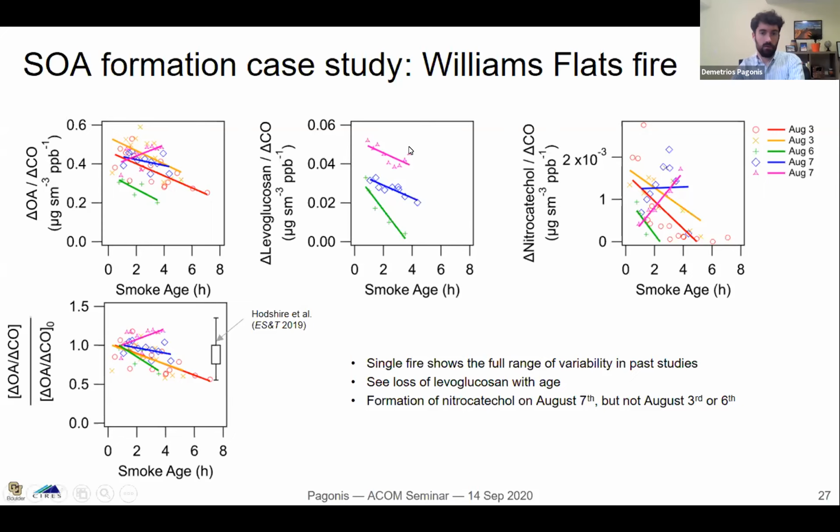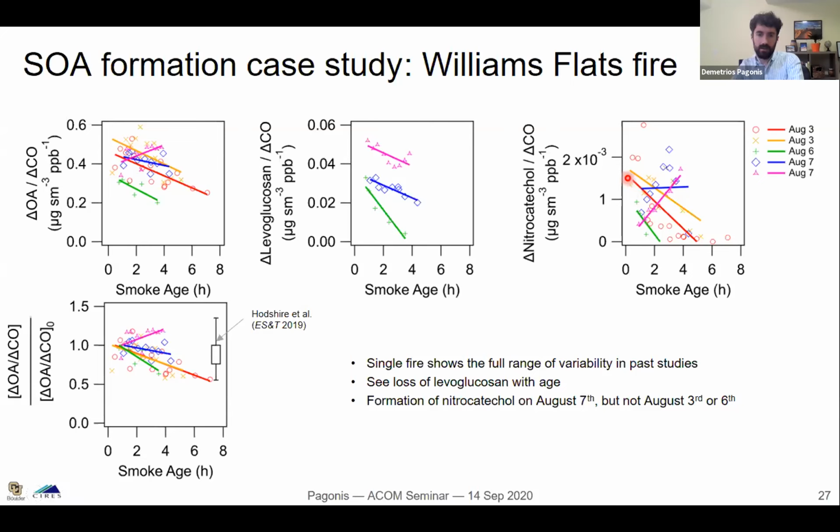In the EESI data for levoglucosan, we see consistent levoglucosan loss in each of these transects. I'll circle back to that soon. And lastly, in our marker of secondary chemistry, we see pretty mixed behavior. So for the 3rd and the 6th, we're not seeing clear evidence of nitrocatechol production.